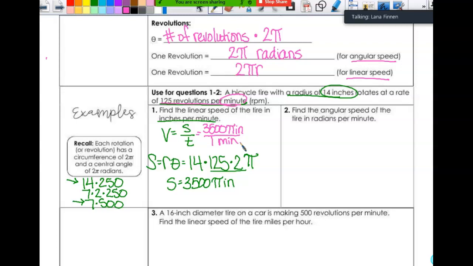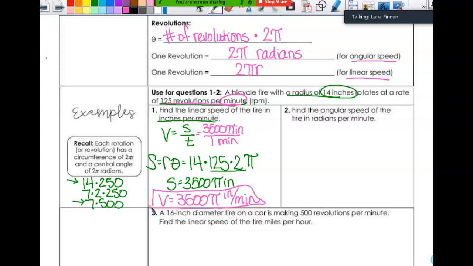So I don't need to convert anything, like that's it. So my answer is that the velocity is 3,500 pi inches per minute. Sorry, my work is all over the place in that box because I didn't space my stuff out well. Any questions at all? Fairly simple?